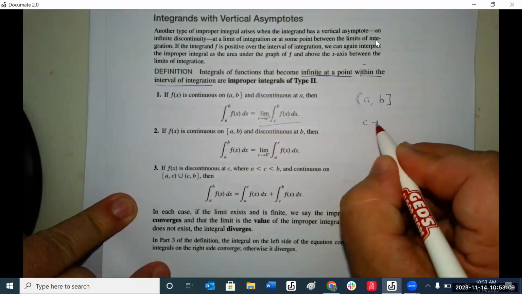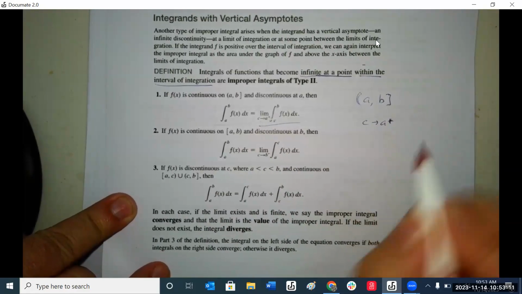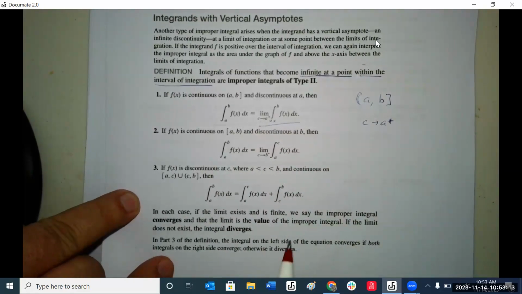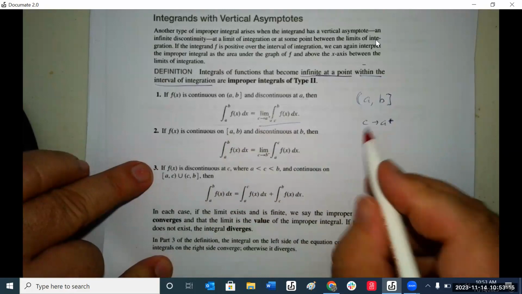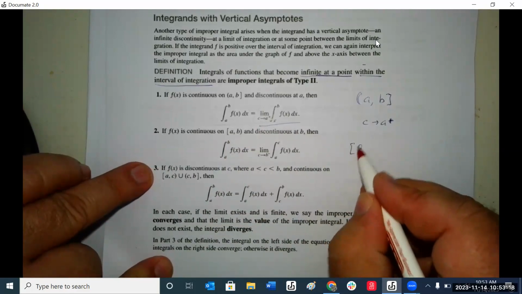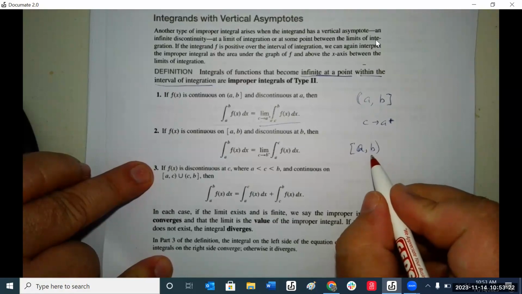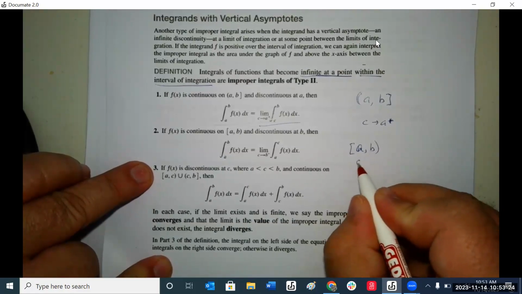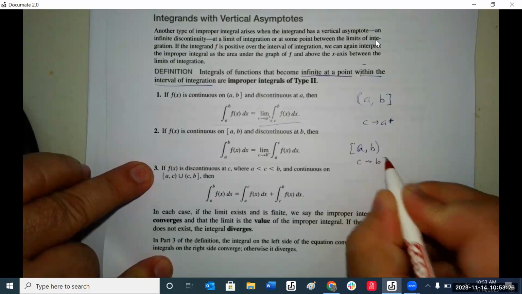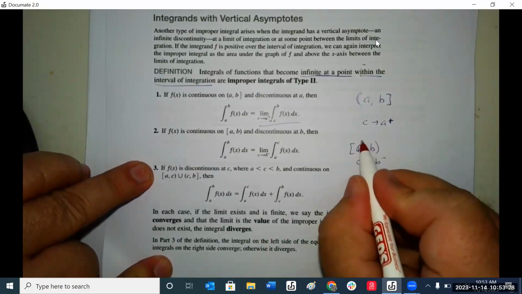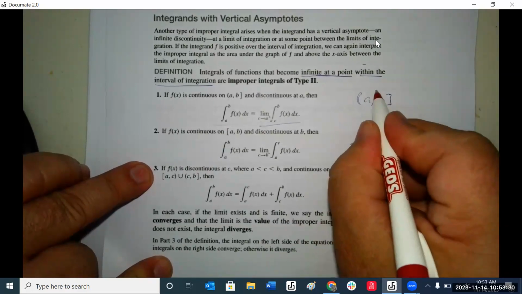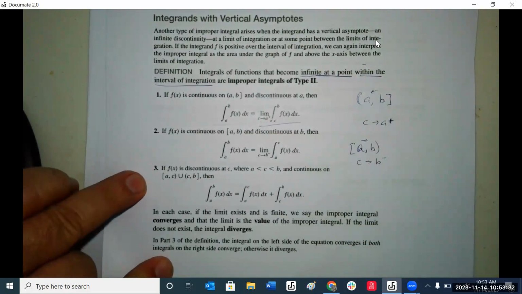If B is the point of discontinuity, then we're looking at B from the left, because we're approaching this way.